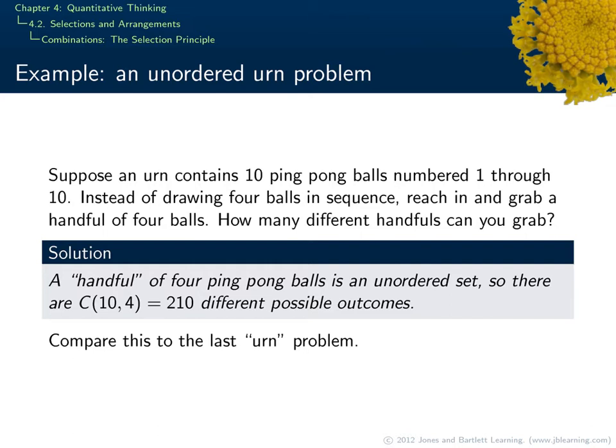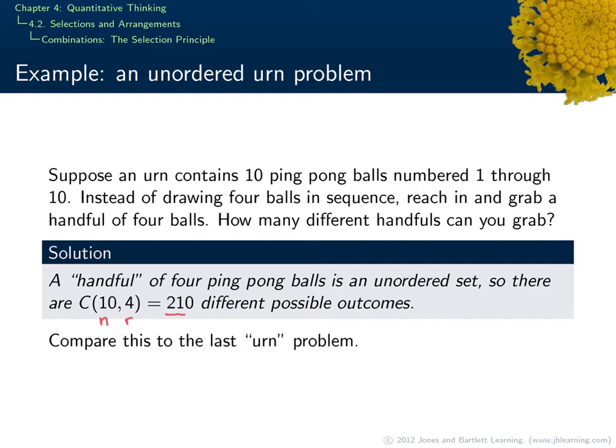This is a classic combination or selection problem where we have n objects to select from and we're selecting 4. We have 10 objects to select from, so n is 10, and we are selecting 4 of those objects, so r is 4. We're told that C(10,4) is 210 different possible combinations.